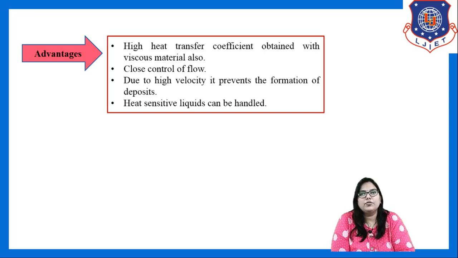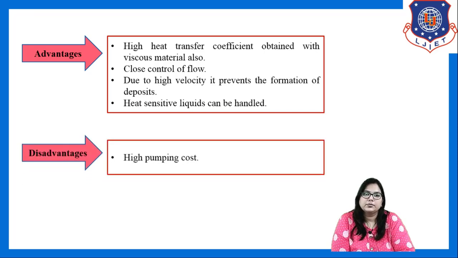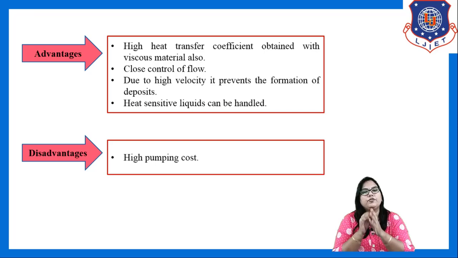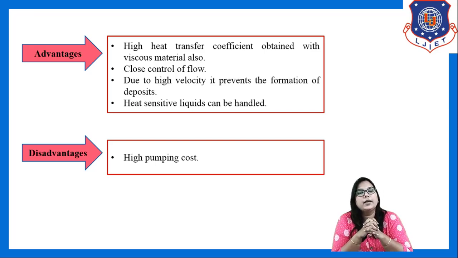Let's discuss some of the disadvantages. The major and most important disadvantage of using forced circulation is high pumping cost. As we discussed, in forced circulation evaporation, we require high velocity of liquid. And if you remember the figures of the types of natural circulation evaporation, in none of the types are we using a pump for transferring liquid because the velocity is low.